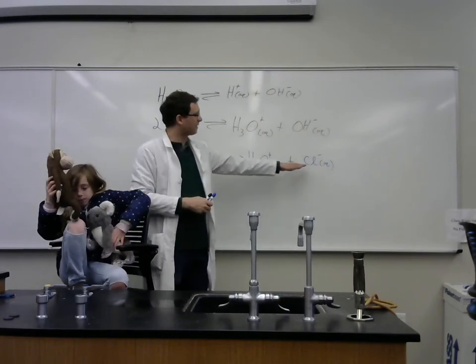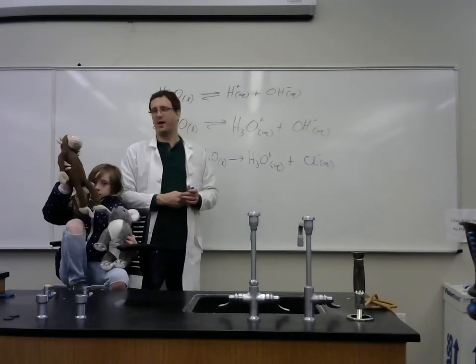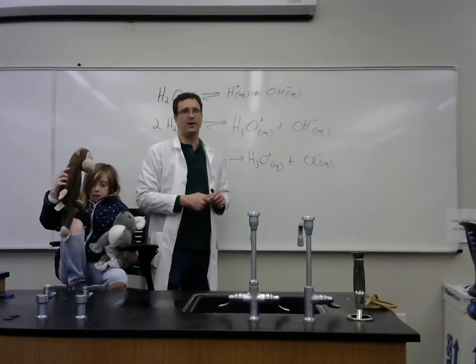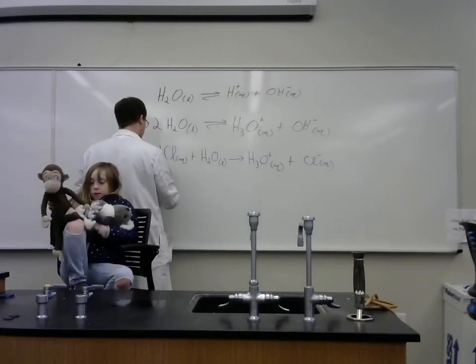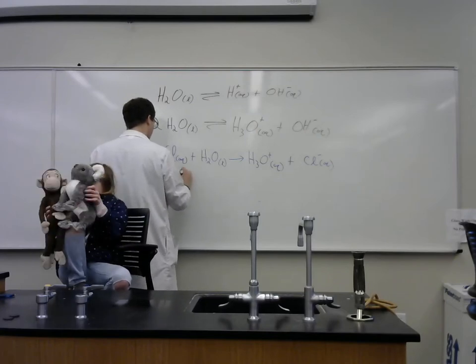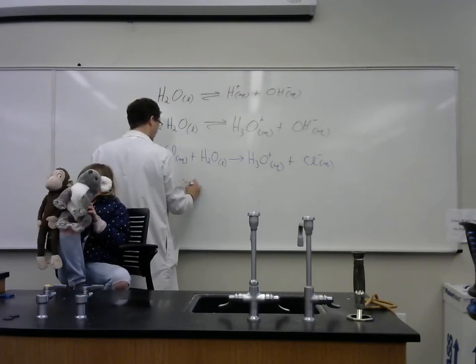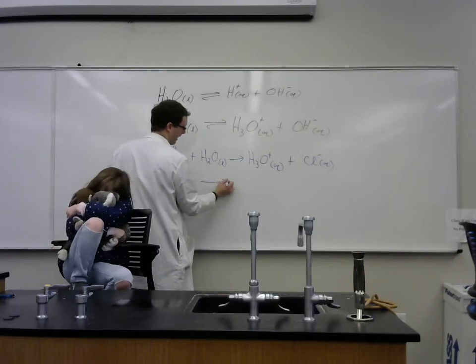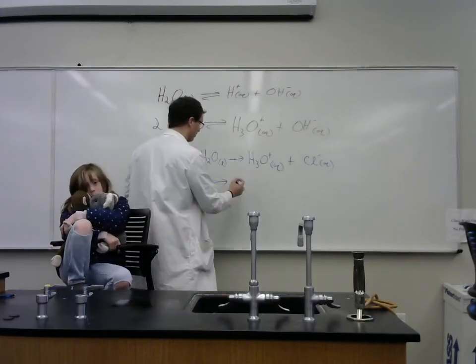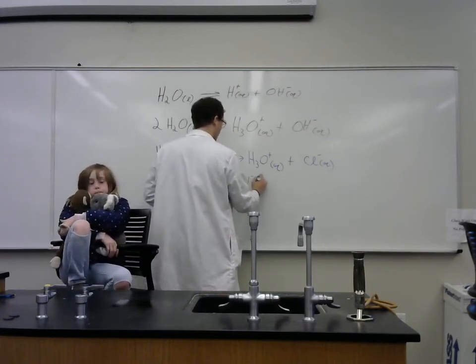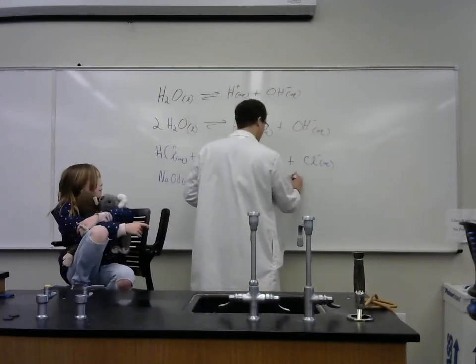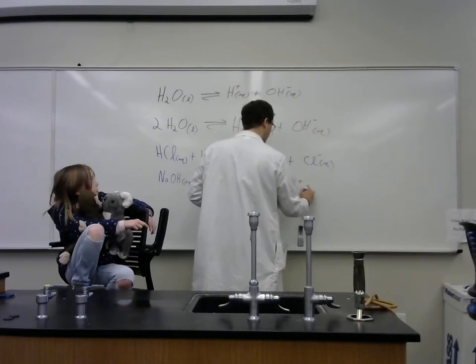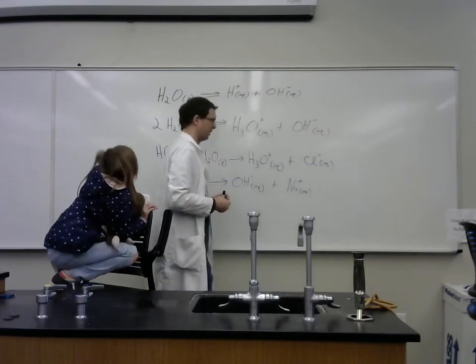You'll notice it's left behind that chemically inert chloride ion. And then something like sodium hydroxide, NaOH aqueous. It doesn't need to react directly with the water. It will just dissociate into OH- aqueous plus Na+ aqueous.